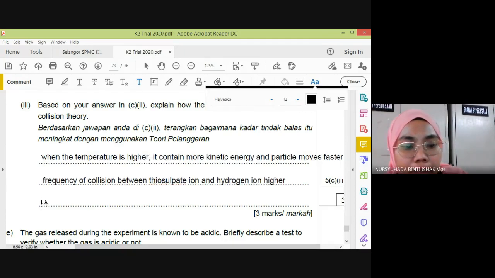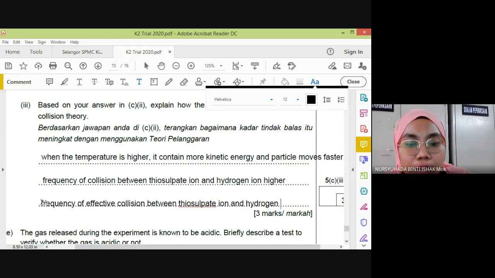Okay, then point yang ketiga, frequency of effective collision between thiosulfate ion and hydrogen ion higher.